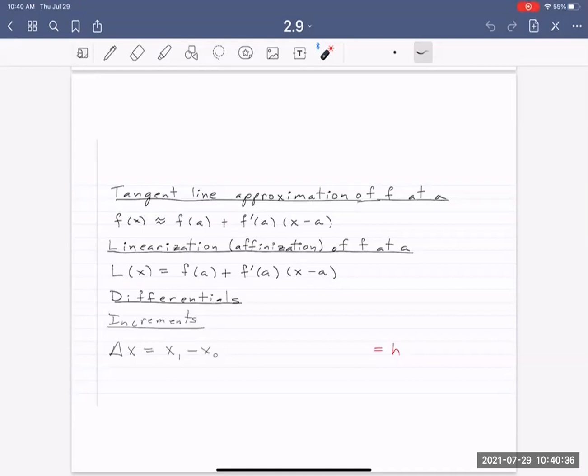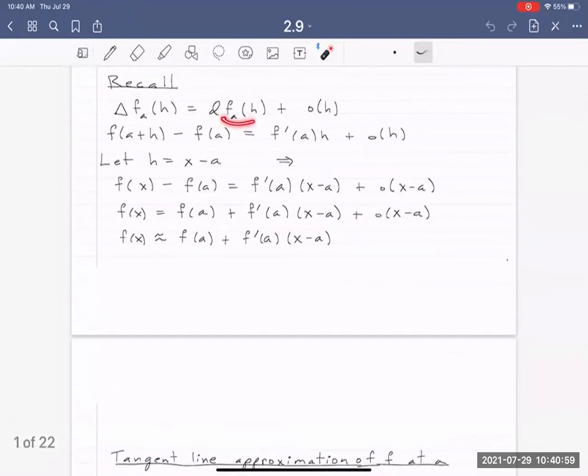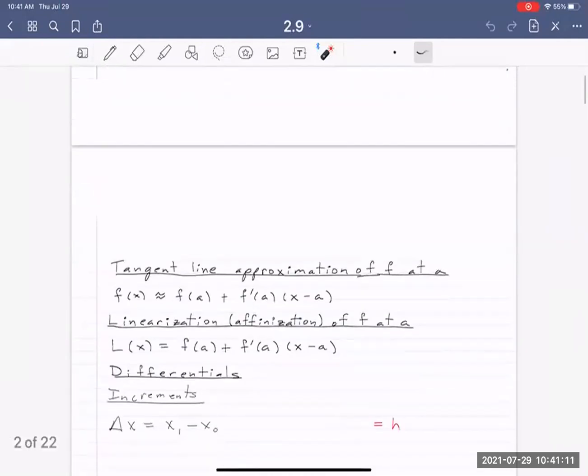So let L of x be defined as f at a plus f prime at a times x minus a. They're trying to say that it's equal to this, but it's not because it includes this term. So it's not quite a linearization. If you don't include the f of a, that's a linearization.